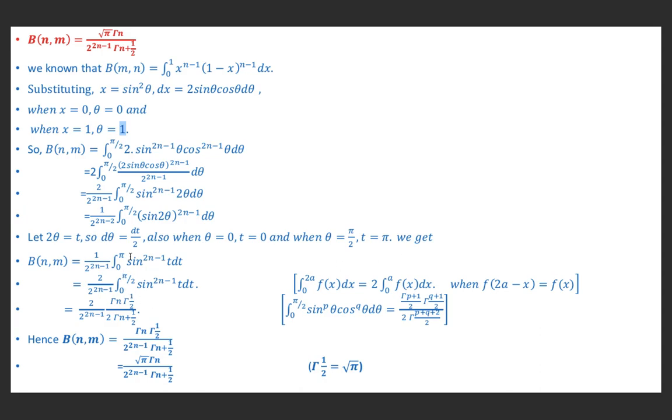So 0 to pi, 1 upon 2 raised to 2n minus 1, because d theta is dt upon 2. So 2n minus 2, and this is 2 also, 2 raised to 2n minus 1. Integral 0 to pi sine t power 2n minus 1, and d theta is dt upon 2, so it is dt.